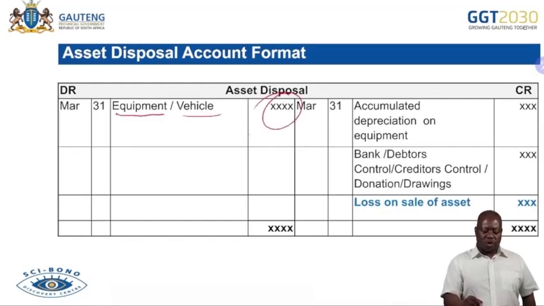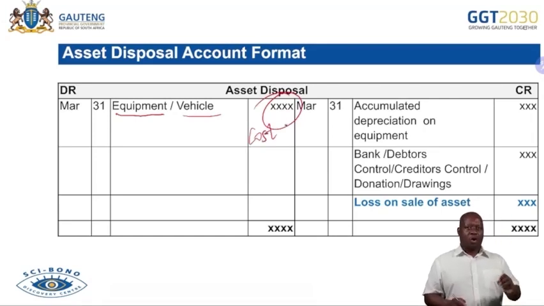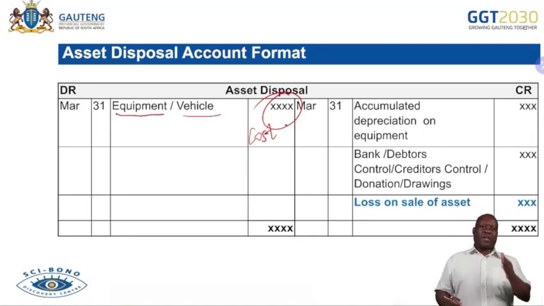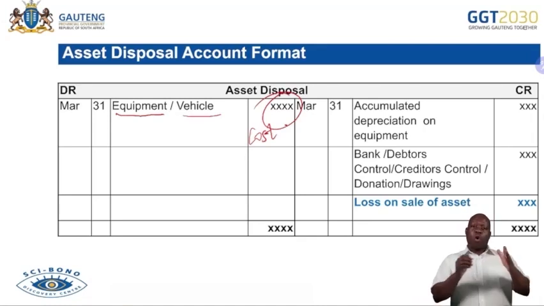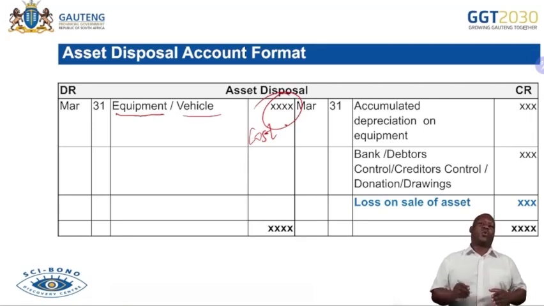Here, this should be the cost, always the cost of the asset. So if we are disposing equipment, the cost of the equipment. If we are disposing a vehicle, the cost of the vehicle. On the debit side, always. And in most cases, this is given, like in this case, it was 45,000.